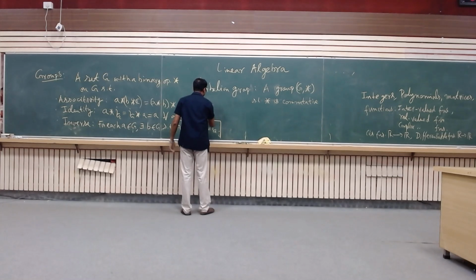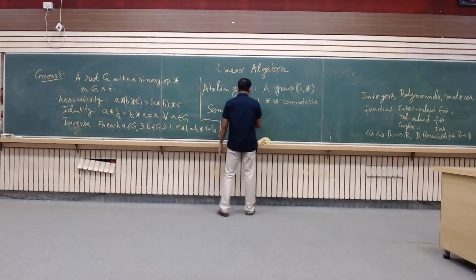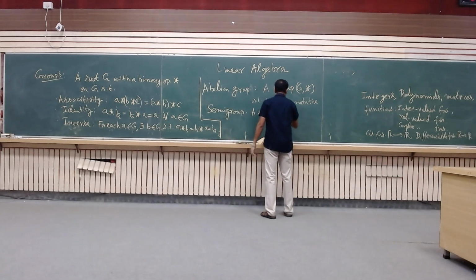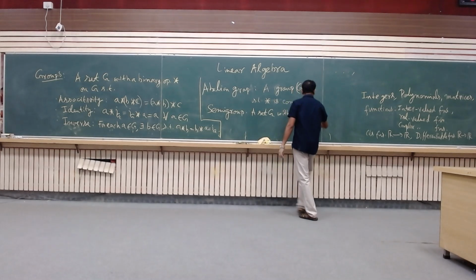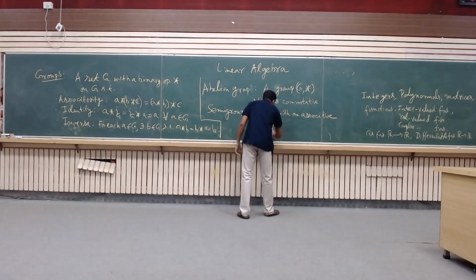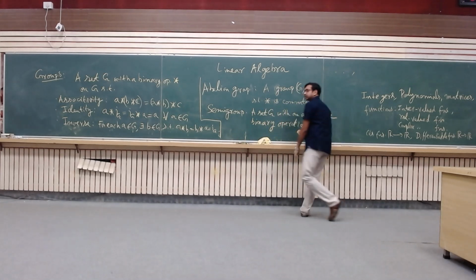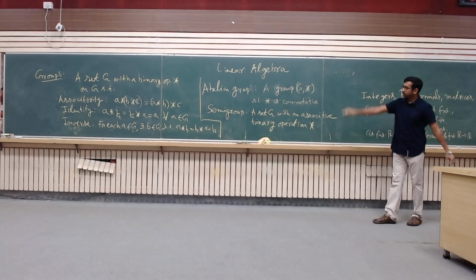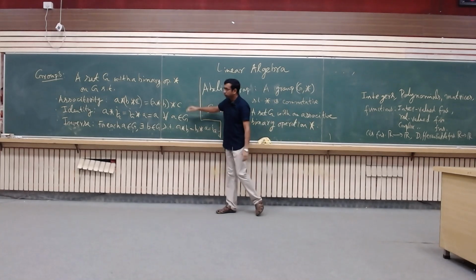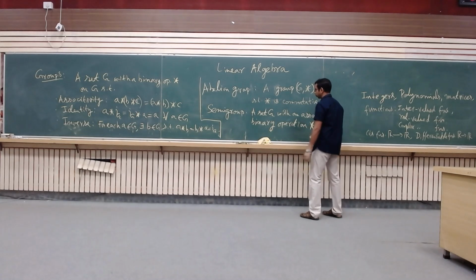So that would be called a semigroup: a set G with an associative binary operation star. Just the first axiom, associativity. Then suppose we have these two axioms, and we call that a monoid.